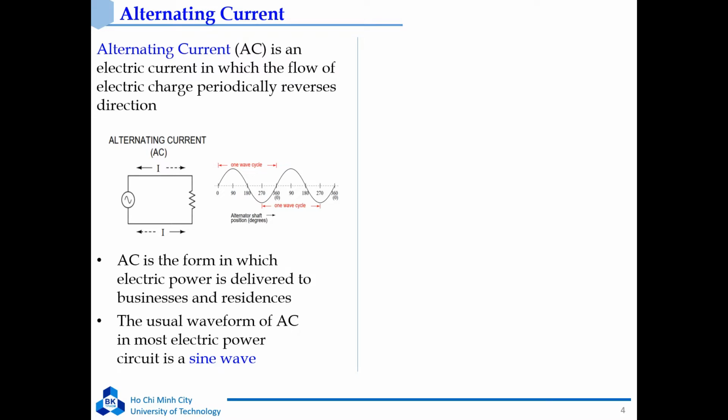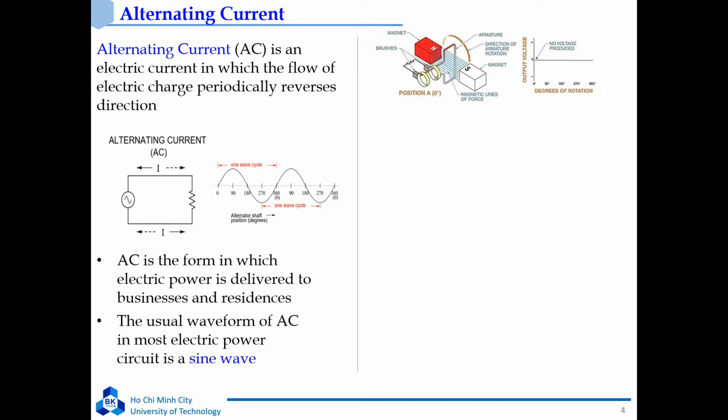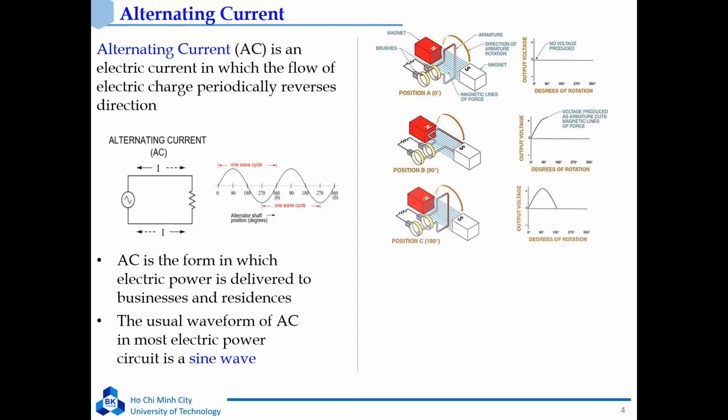I will explain why. To generate alternating current, we use the AC generator. In the AC generator, we put a coil into the magnetic field, and the coil rotates from angle 0 to 360 degrees. AC voltage is generated as shown in the figure above. For the half turn from 0 to 180 degrees, the positive half cycle is generated.